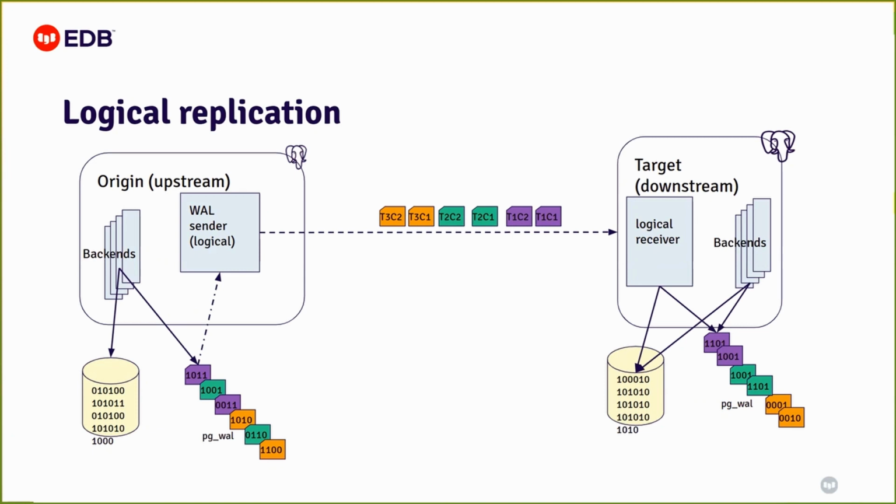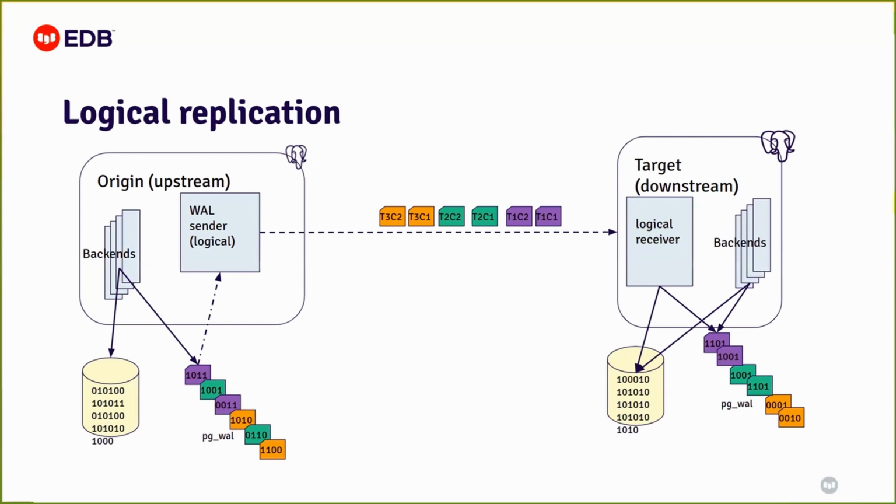On upstream, there are regular backends which are changing the database, and while they are changing the database, they produce a stream of WAL, or write ahead log, records. Each of these records tells what changed in the database at the physical level.